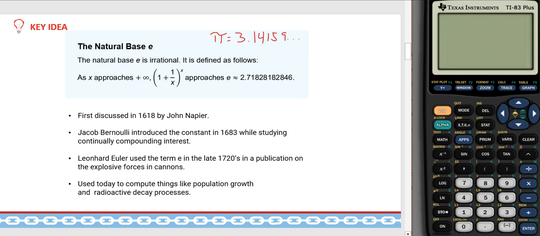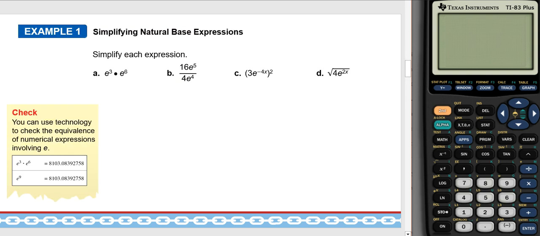He was working on a publication in the late 1720s, looking at the explosive forces of cannons, and was using that constant of the natural base. Today we still use it for population growth, constantly compounding interest, and radioactive decay processes. So it has plenty of actual use in today's society.